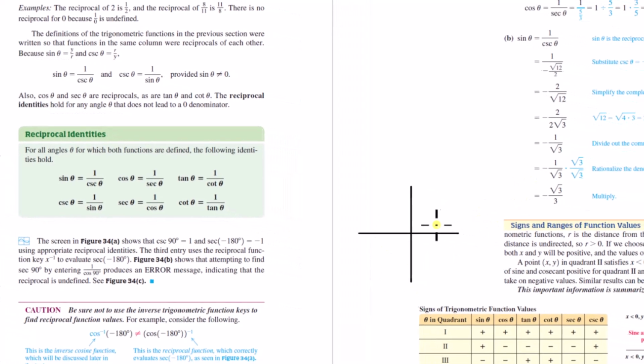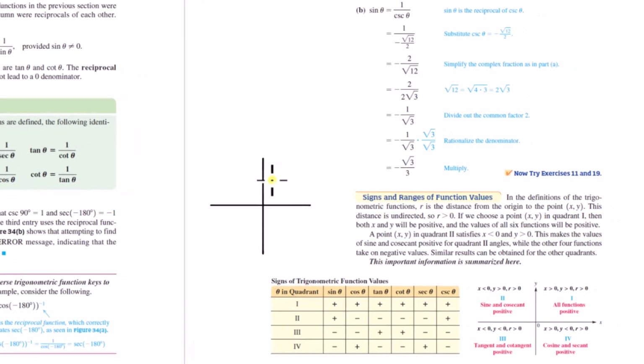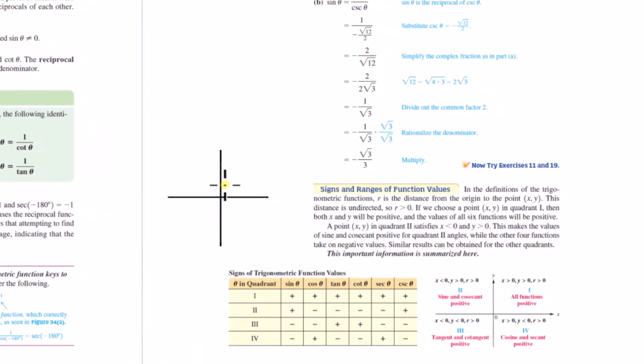It's only at the quadrantal angles where domain issues come into play. And the reason is because at quadrantal angles, one of the sides on the right triangle becomes 0. If you're approaching the positive or the negative vertical, the x value is going to 0.